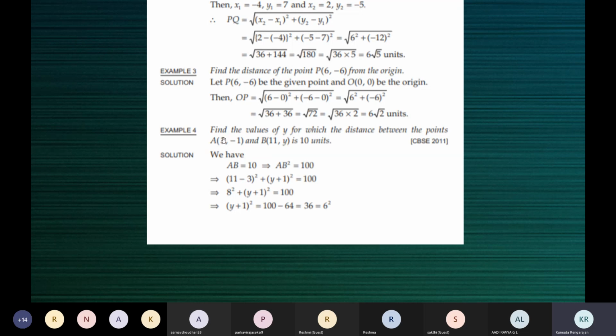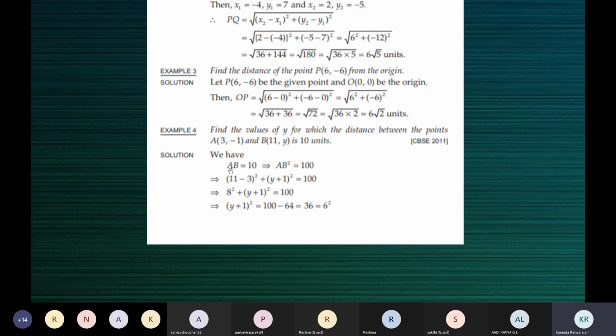AB square will be, you can write 3 minus 11 or 11 minus 3, so 11 minus 3 the whole square, plus y minus 1. You should subtract these two. Just because there's a minus sign here doesn't mean you can ignore the minus sign. So y minus of minus 1, so y plus 1 the whole square.